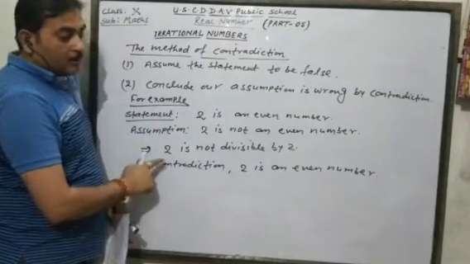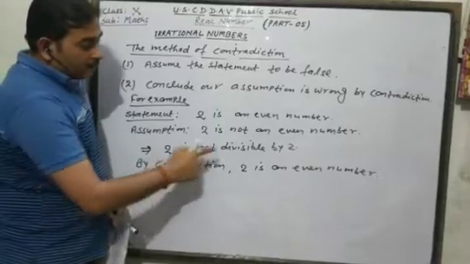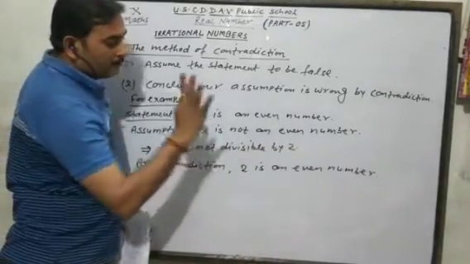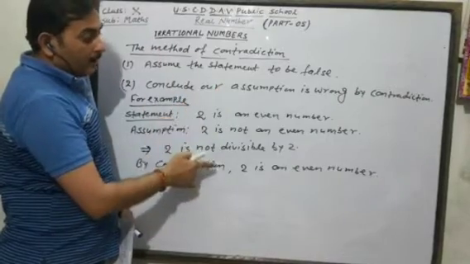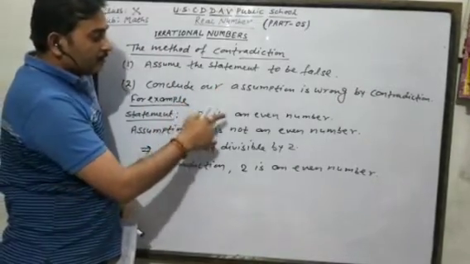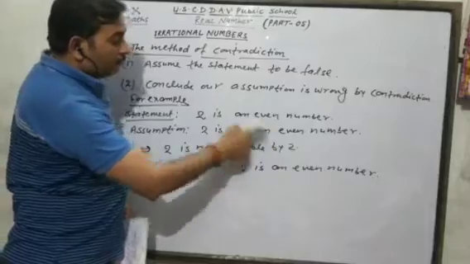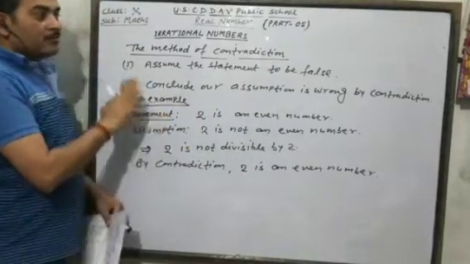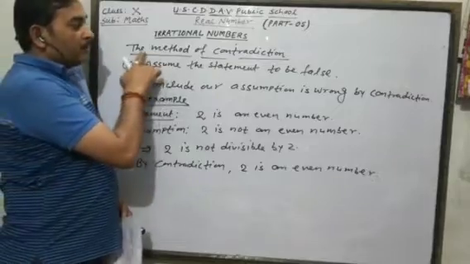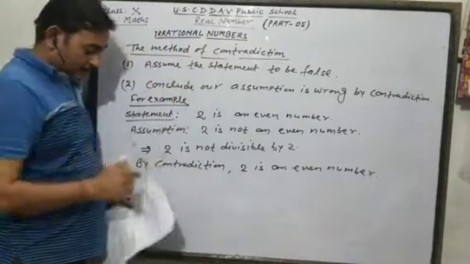So the contradiction arises here. Our supposition is wrong, and hence we can say that 2 is divisible by 2, hence 2 is an even number. So this is a short example of the method of contradiction.